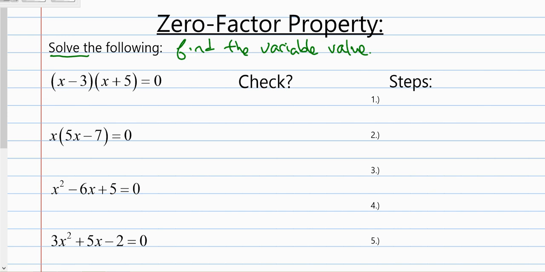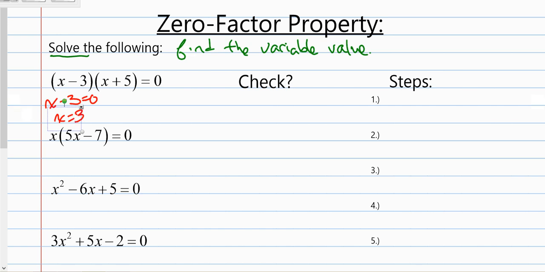When I use the zero product property on this first factored polynomial, notice it's not in standard form, but it is already factored. When I look at my factors, I can recognize that this first factor will equal 0 when x minus 3 equals 0. And if I solve for x, I can tell this is going to happen when x equals 3.